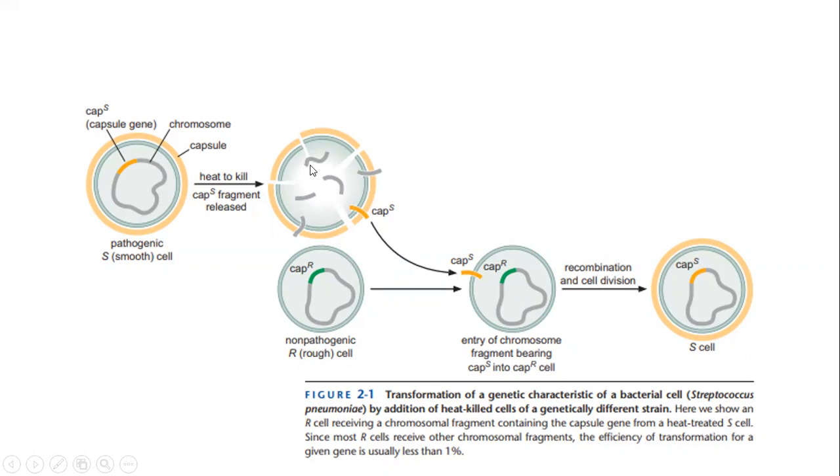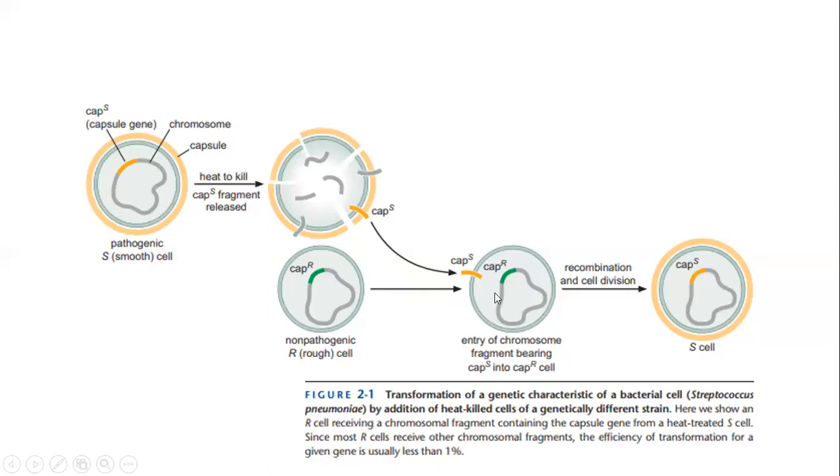So when this heat-killed pathogenic Streptococcus pneumoniae is mixed with a culture of non-pathogenic strains, that is rough cells, the undamaged genetic material that carries the allele Cap-S passes through the membrane of the rough cell and enters the cytoplasm.